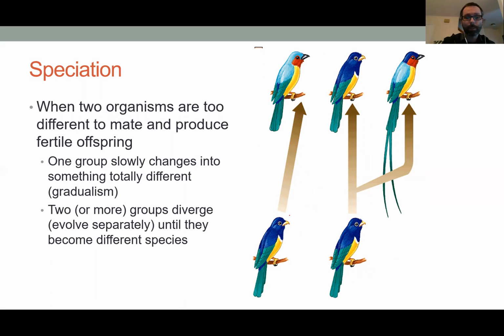You have the gradualism, where this one slowly turns into this one, but then you have the divergent method, where one group splits off from the original group and they become these birds. Meanwhile, this one still exists because that group still exists, just like the chimps are still out there. The humans broke off from the chimp group and became humans. Meanwhile, the chimps just stayed as chimps, right? And so this is actually a much more common way for speciation to happen.